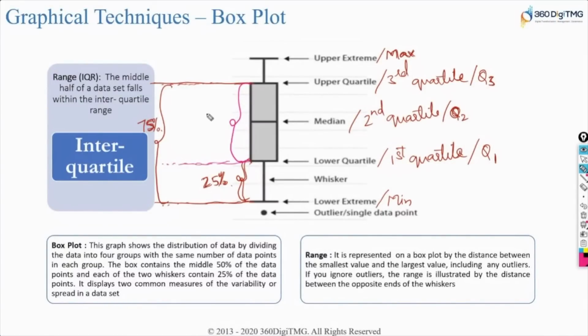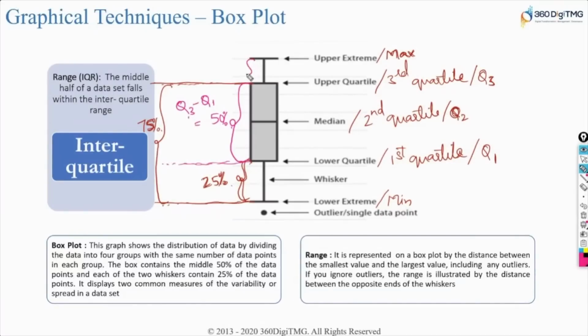It will be 50%. Absolutely. If from here to here you have 75% of the data, and here you have 25%, the middle portion will have 50% of data, and this middle 50% of data is given by Q3 minus Q1. 75% minus 25%, you get 50%.